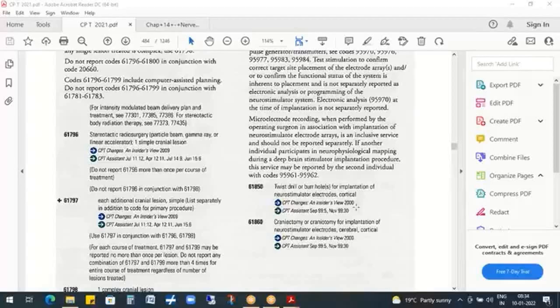But if you see the parenthetical note below the code, we can use this code maximum for how many times? 4 times. 61797, 4 times. 61796, 61797 into 4 times, like that. See, follow the parenthetical note.